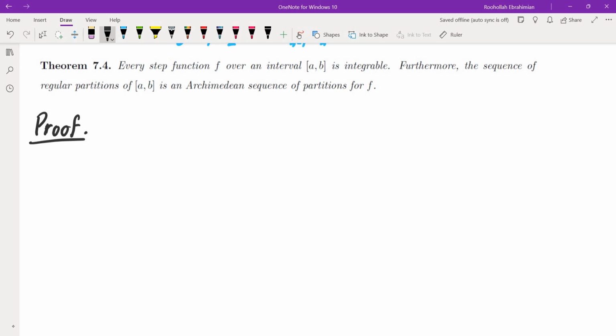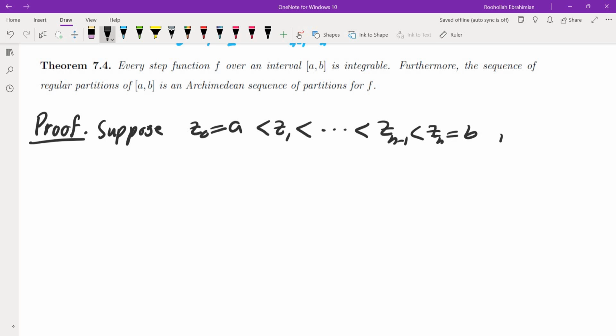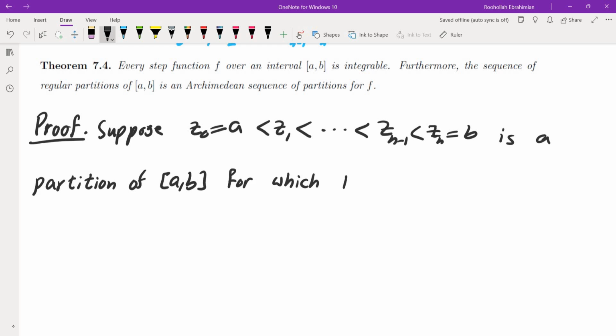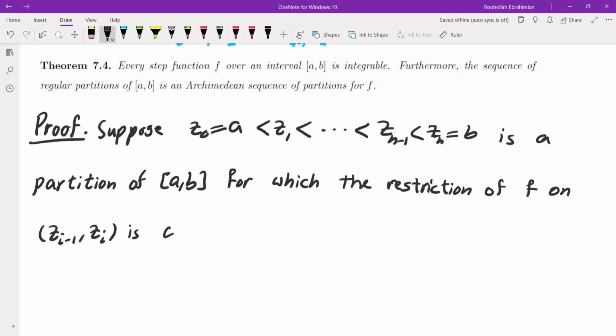So suppose z0 equals a, z1, all the way to zn equals b is a partition of [a,b] for which the restriction of f on [z_{i-1}, z_i] is constant for all i.